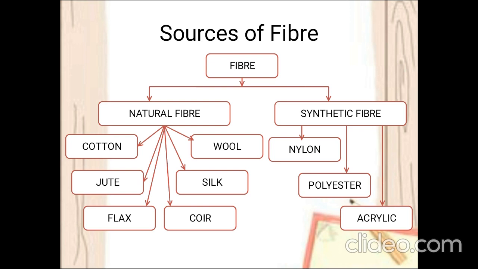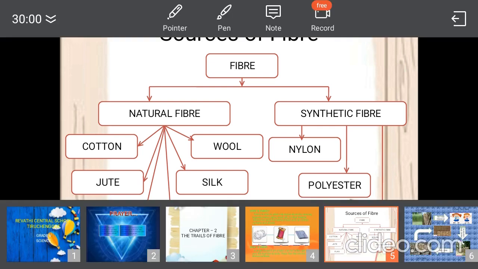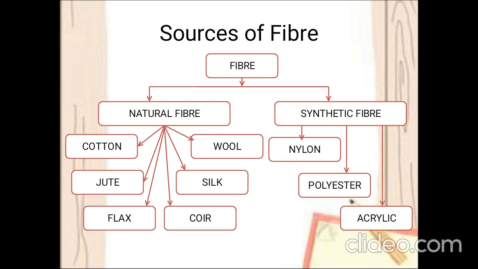Next we saw about cotton, jute, flax and coir, which are obtained from plants, whereas wool and silk are obtained from animals. In case of synthetic fiber, nylon, polyester and acrylic are obtained by chemical process, right?